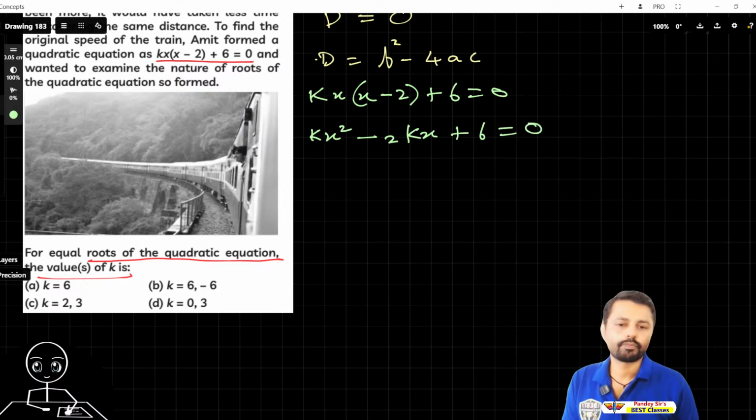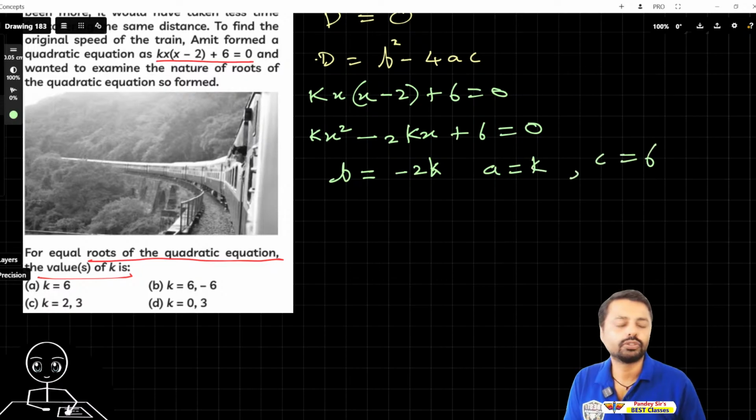Now we get b = -2k, a = k, just k, and c = 6.